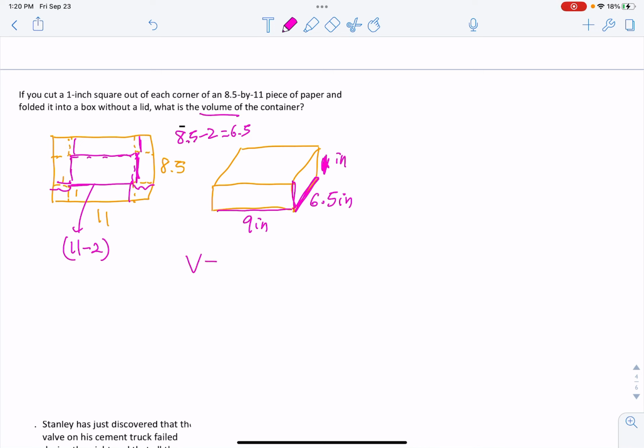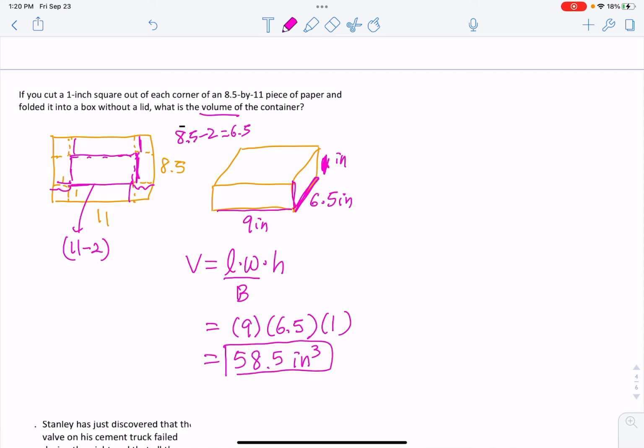Volume will be length times width times height, that is the area of the base times height. So length times width times height will give you 58.5 inch cubed because of volume.